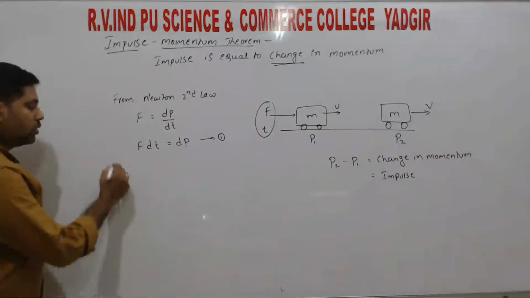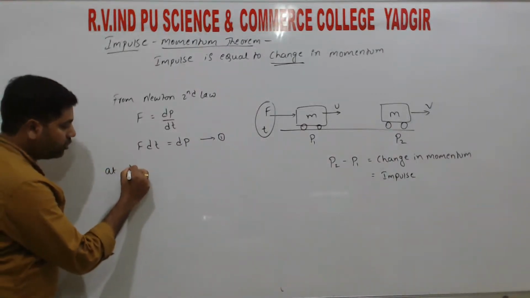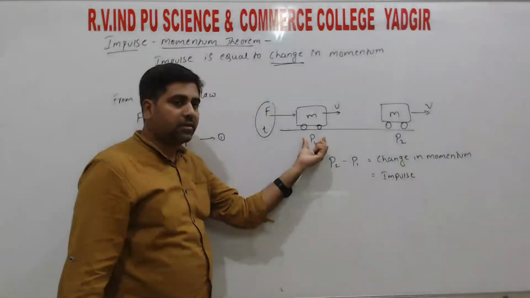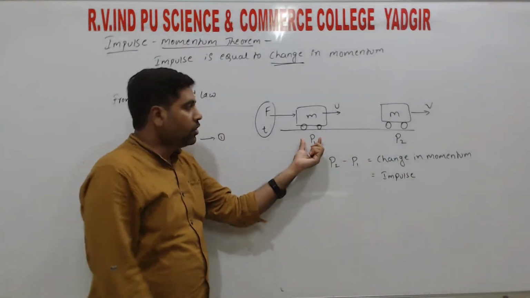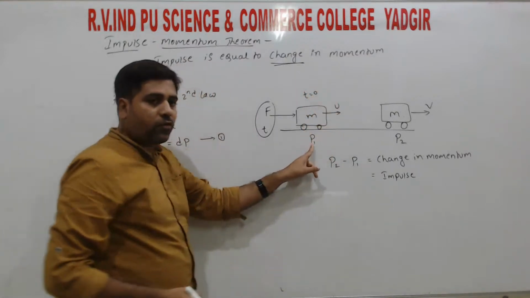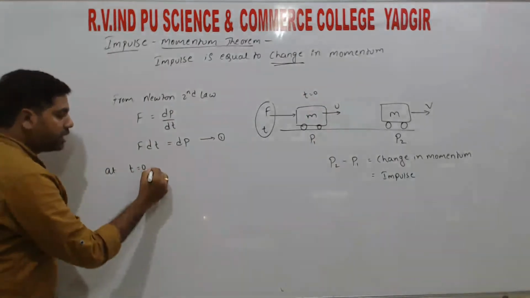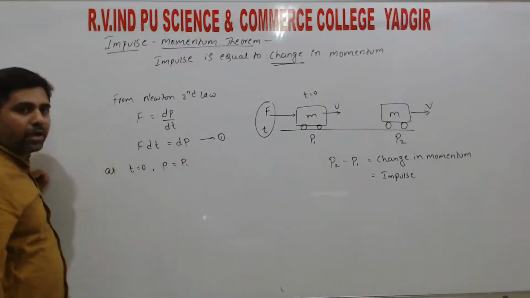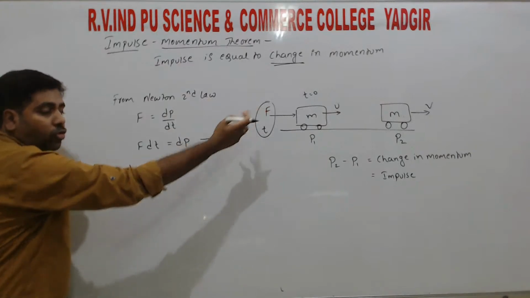Now at time t equals 0, we are considering this as the initial case. At t equals 0, the momentum p is equal to p1, that means m into u.